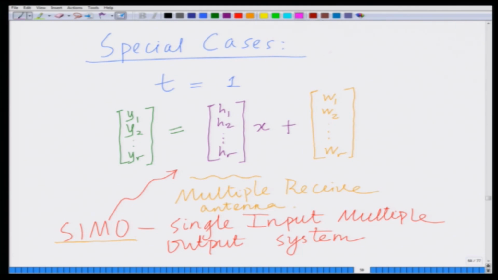Let me write this down over here. This is also known as a SIMO system, or basically a single input multiple output wireless communication system.